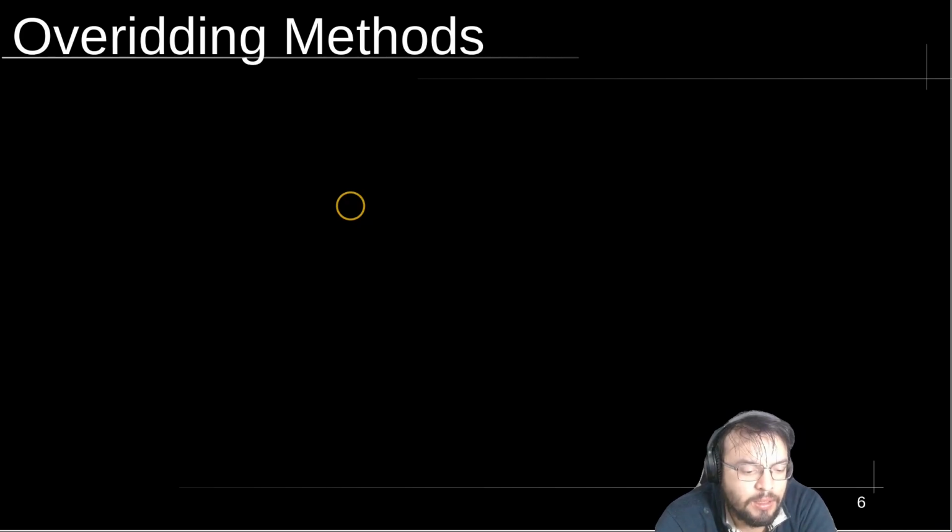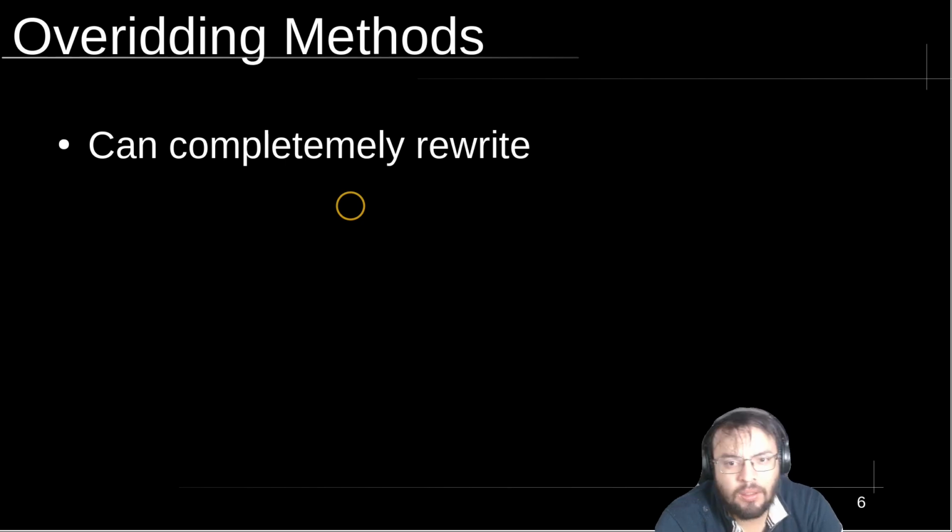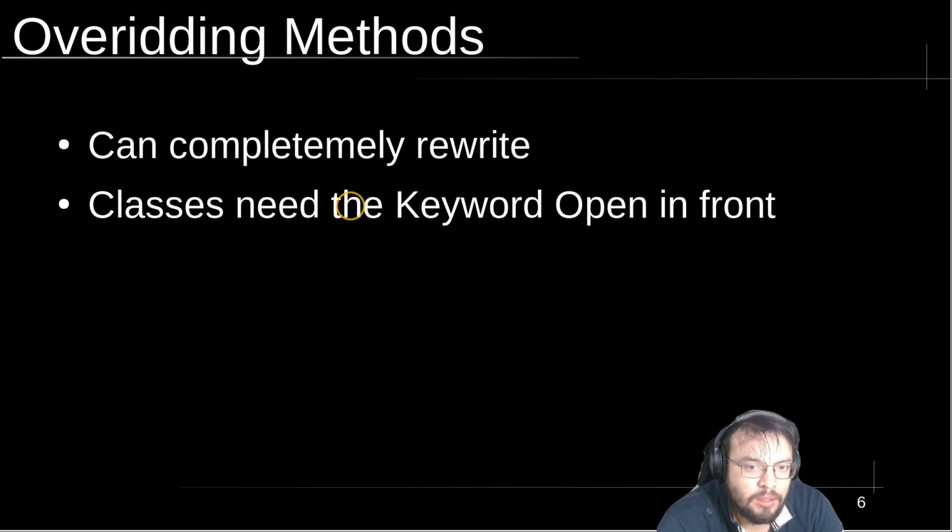It's basically when you have a parent class and a child class, so you can completely rewrite the method that's in the parent class. We'll go over the example next. They need to have the keyword open. That's very important. If you do not have the open keyword in front of the class keyword, you won't be able to extend it.